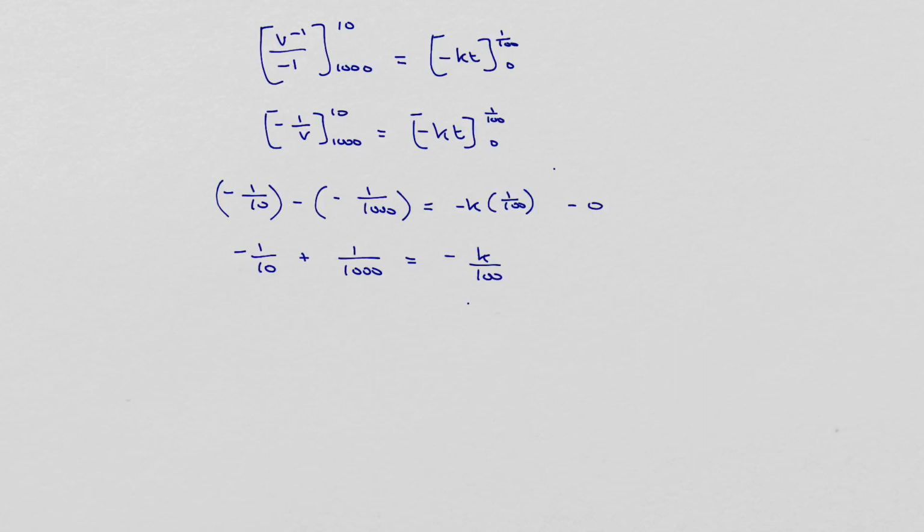So if I multiply everything across by 1,000 and then rearrange to get k on its own, well, that gives me minus 100 plus 1 is equal to minus 10k, and of course that's minus 99 is equal to minus 10k, and therefore k is equal to 99 over 10, which is exactly what we were looking for.